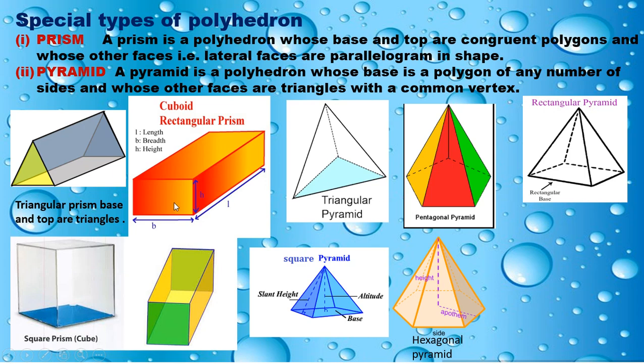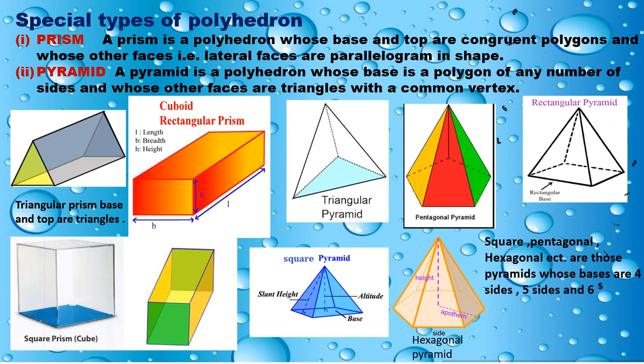Also, in a prism the top and the base are congruent polygons, whereas the top in the pyramid is the vertex and the base can be a polygon with any number of sides. So square, pentagonal, hexagonal, triangular are all pyramids where the bases are 4-sided, 5-sided, 6-sided and 3-sided respectively.